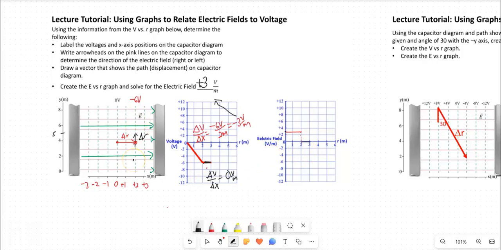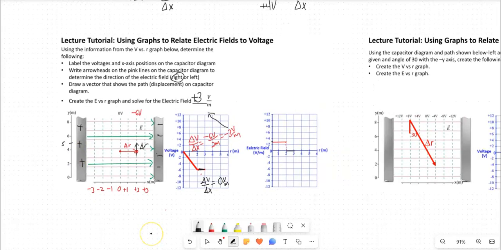I chose upwards in this case. So again, the electric field is going to be pointed to the right, and that means this is the negative plate, and this is the positive plate. Okay. I really hope you do this, because this is going to help you a lot.